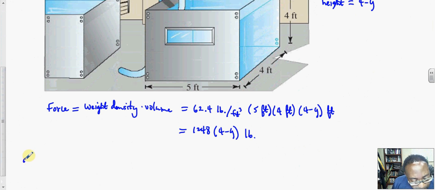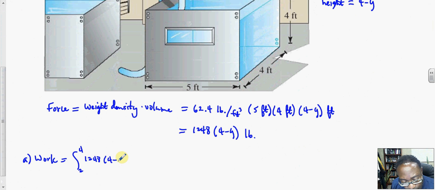So part A, we have the integral. You want to empty half the tank, so you're going from 2 to 4. And so we have the weight density times the volume. This is 1,248 times 4 minus y dy. So we calculate that.